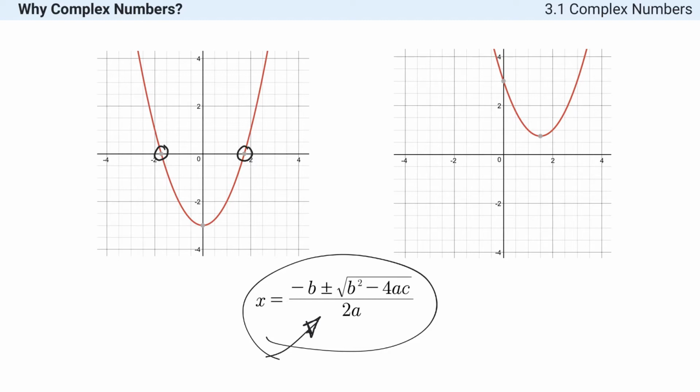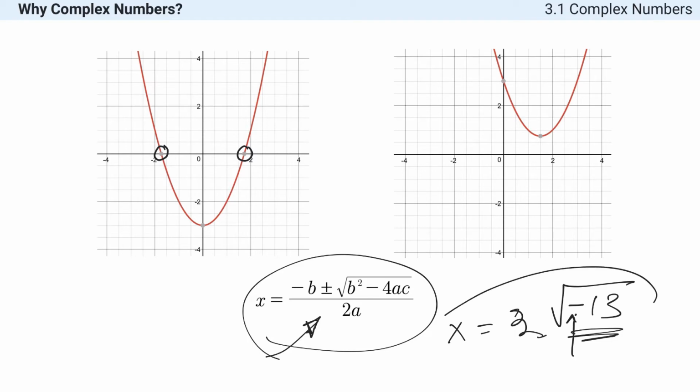Now, sometimes when you do the quadratic formula on a function, you wind up with some numbers, but you also come up with the square root of a negative number in here. It doesn't matter what the number is as long as it's negative.